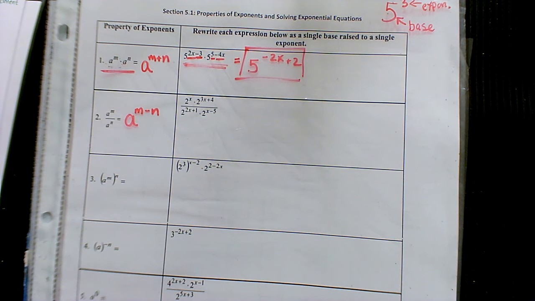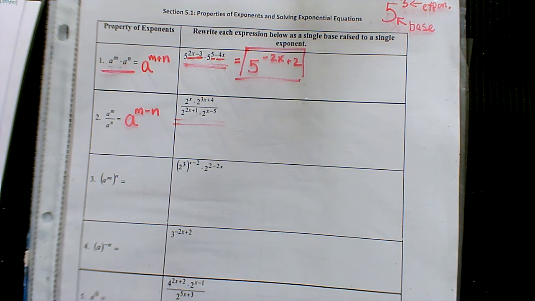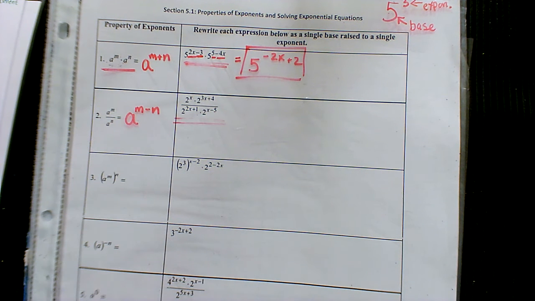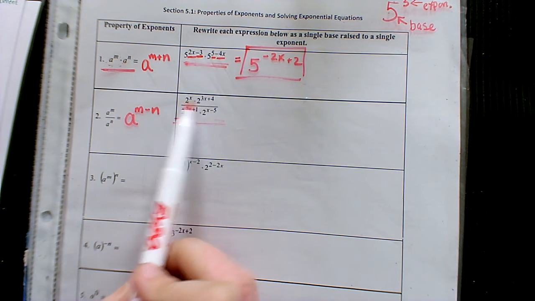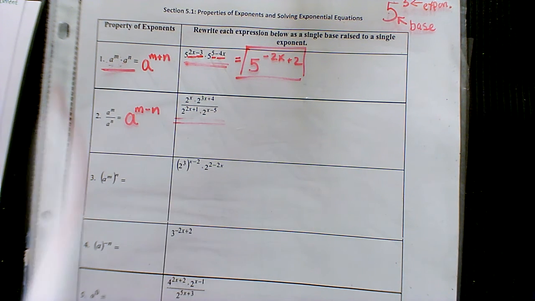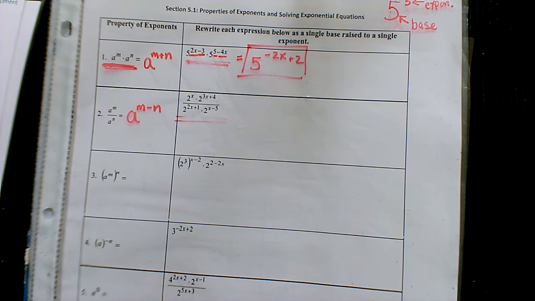All right, so our number example though is really starting to amp it up now because we have multiple properties going on in here. If you look at it, all of the bases are the same, which is wonderful because that means we can use some properties to our advantage. However, we have bases in the top that are being multiplied together and bases in the bottom being multiplied together. So we do have some of this first property showing up.